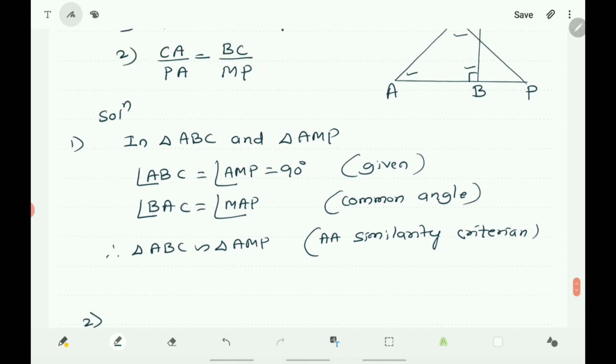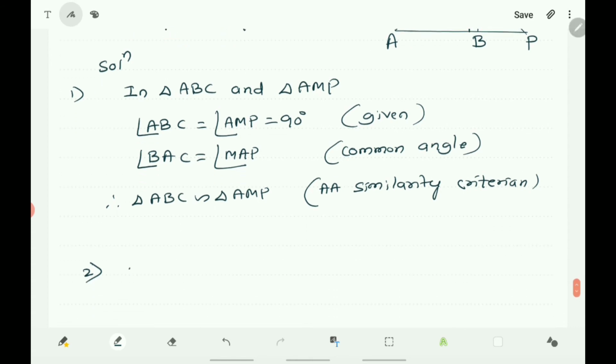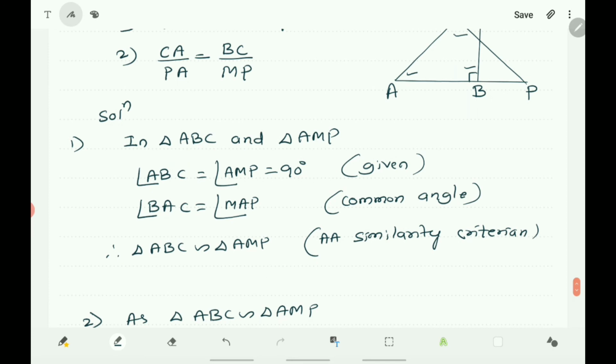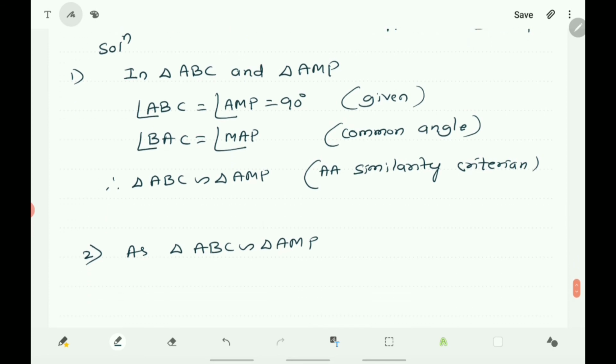Here you already proved triangle ABC is similar to triangle AMP. Here you take the ratio. You know that angle A is a common angle.